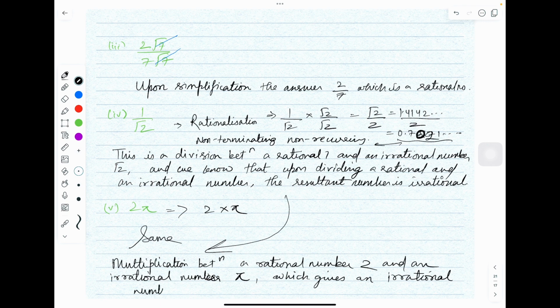We know the property. If you multiply a rational and an irrational number, 2 is rational, this is irrational, you are going to get an irrational number. Understood?